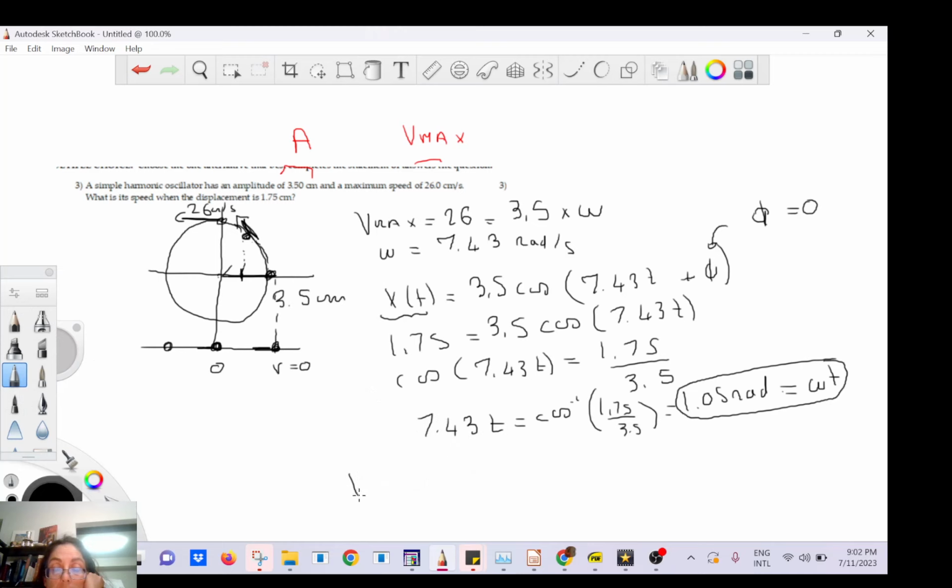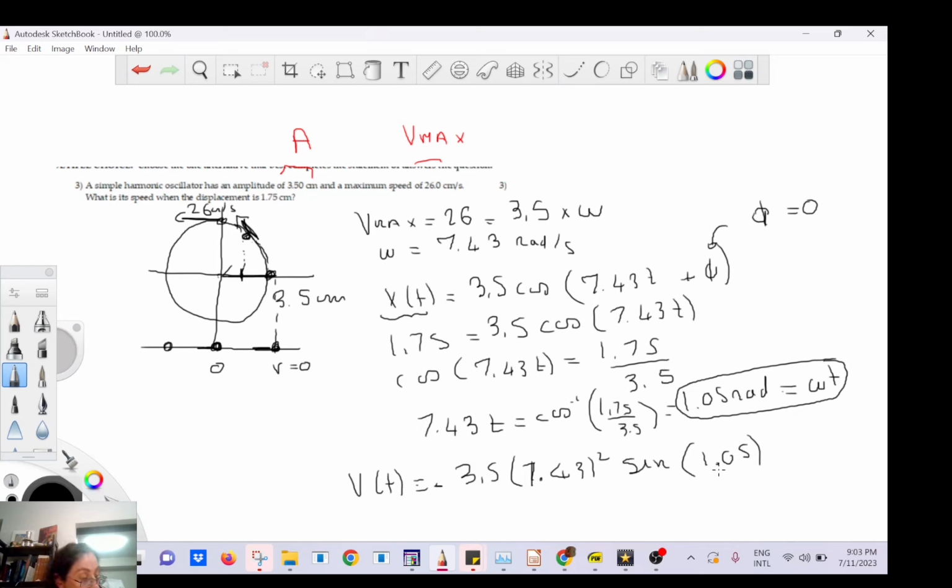So then the speed is going to be minus A omega, so minus 3.5 times 7.43, times sine of omega t. Here we have to be careful that we have a sign, and omega t is 1.05.